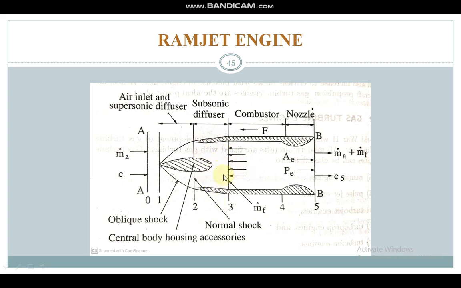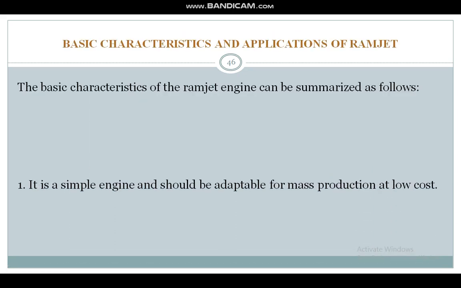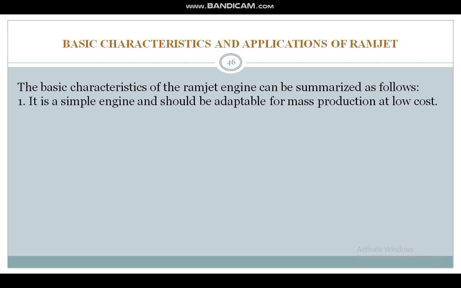For the ramjet to operate, the aircraft must already be in flight at a sustainably great speed. The combustion products exiting the combustor are expanded through a nozzle to produce the thrust. This is the nozzle part, right? So the basic characteristics are: it is a simple engine and should be adaptable for mass production at low cost.